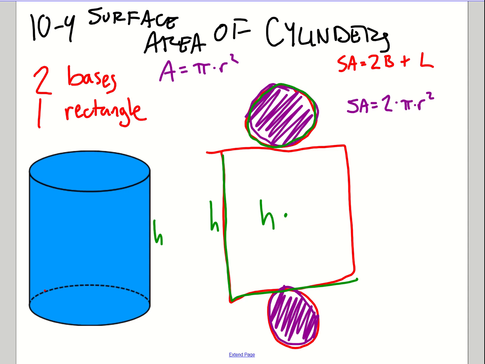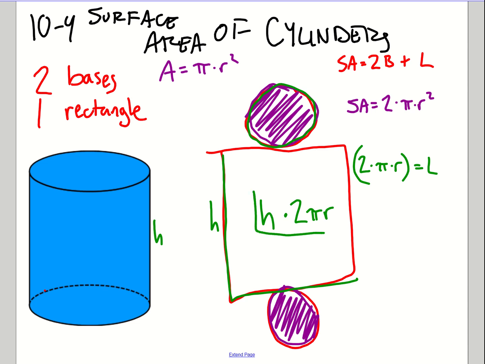And around my circle is called the circumference. Remember, circumference is 2 times pi times r. So this right here all equals the length of my rectangle. So I can say, instead of length times height or base times height, I can say height times 2 pi r.